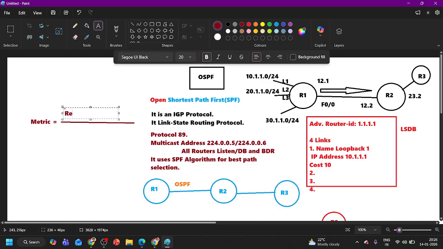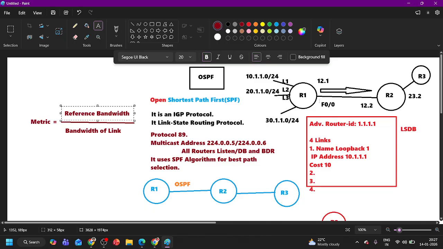Let me tell you. Reference bandwidth upon bandwidth of the actual link is called the metric in OSPF.